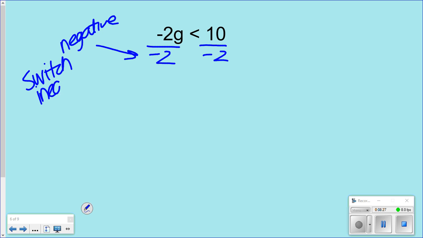The inequality sign, not the positive or negative sign. So this answer is going to be g is greater than negative 5. So if the number with the variable is negative, it has to switch the inequality sign.